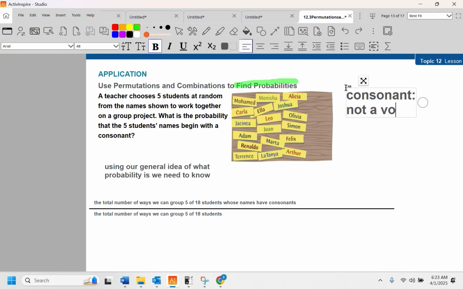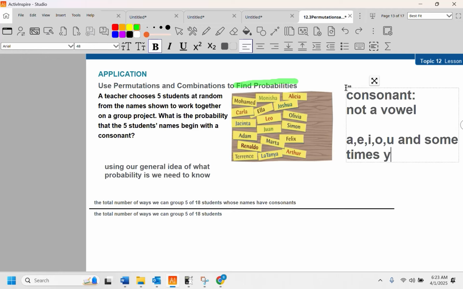Not a vowel. And you're expected to know your vowels. What is it? It's A, E, I, O, U, and sometimes Y. Okay. I want to know the probability that the 5 student names begin with a consonant.